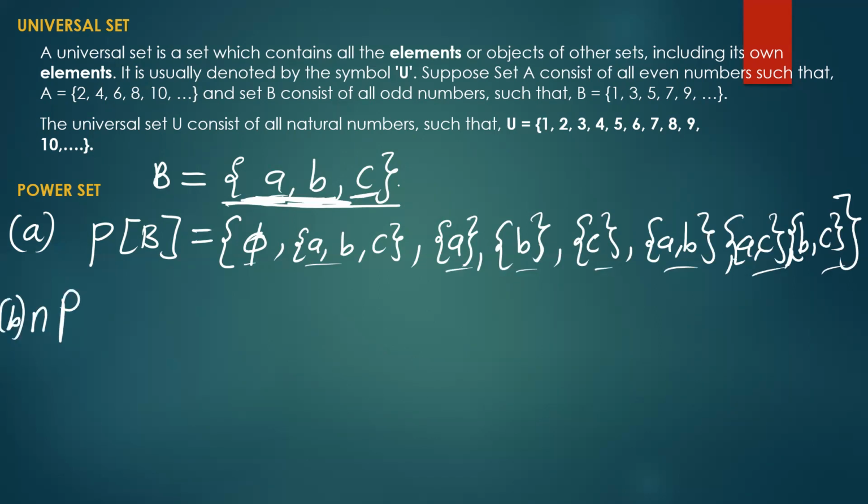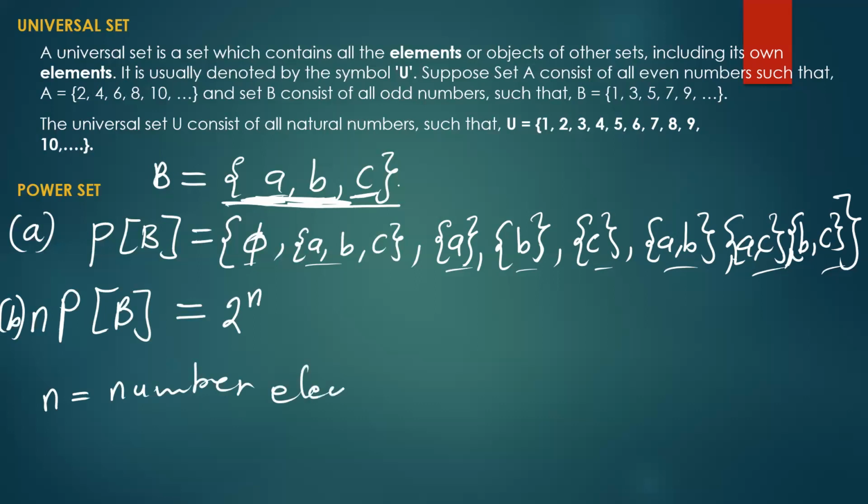So this is another question. Find the cardinality of the power set of B. So the cardinality formula is simply 2 to the power n, where n represents what? The number of elements in a set.